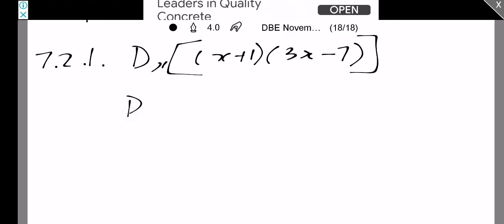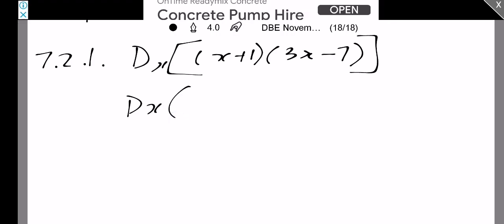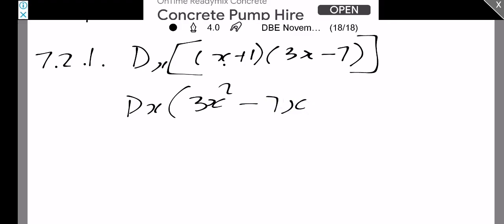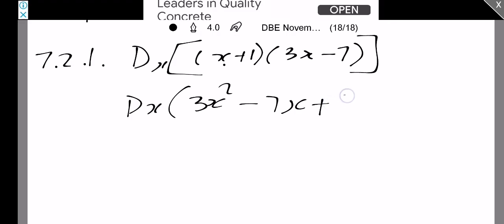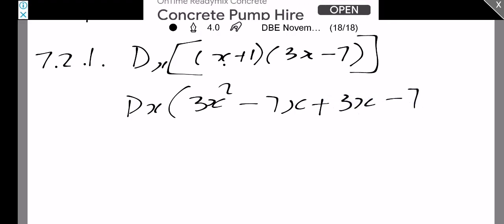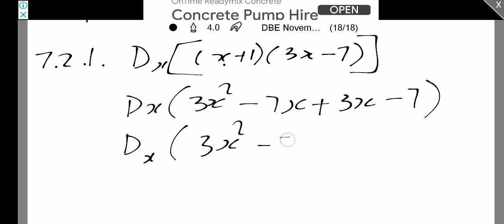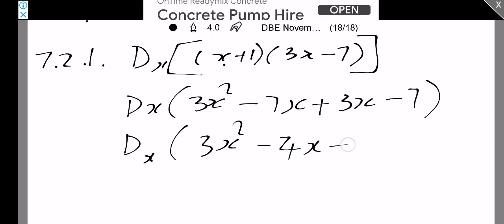So it's going to be d/dx of x times 3x is 3x squared, x times negative 7 is minus 7x, 1 times 3x is plus 3x, 1 times negative 7 is minus 7. That gives 3x squared minus 4x minus 7.